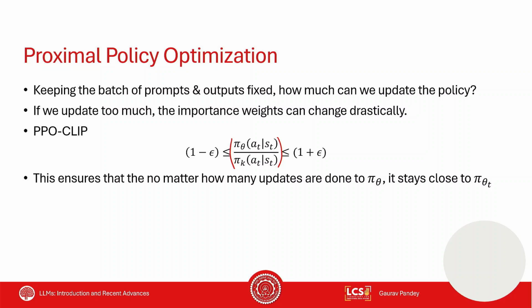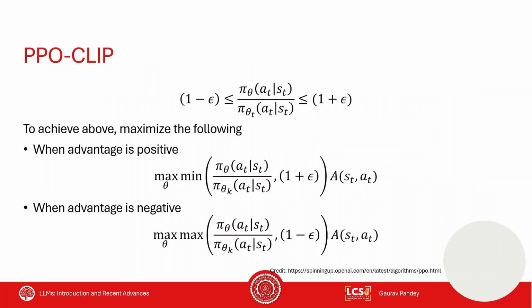The way it ensures that these ratios are bounded is that when advantage is positive, it maximizes this quantity, and when advantage is negative, this is the quantity that gets maximized. So we will see how that makes a difference.